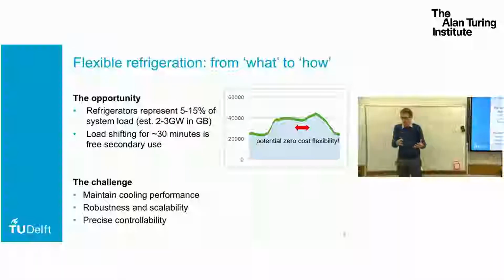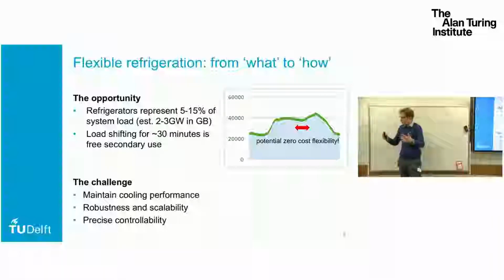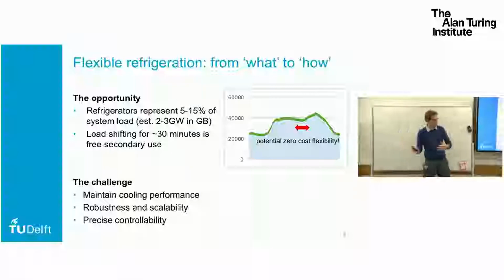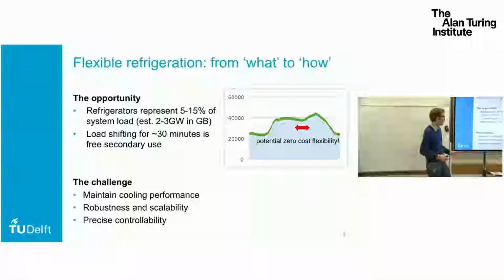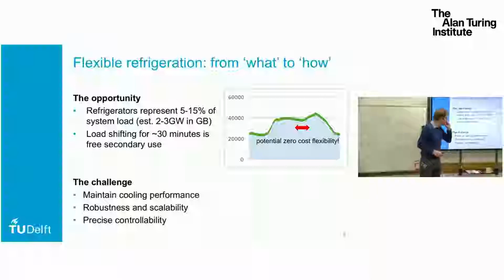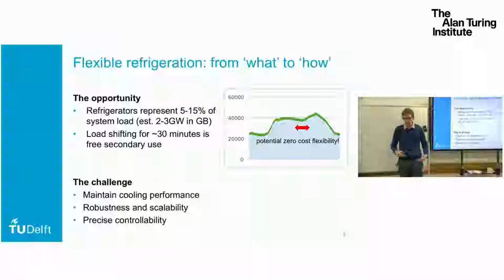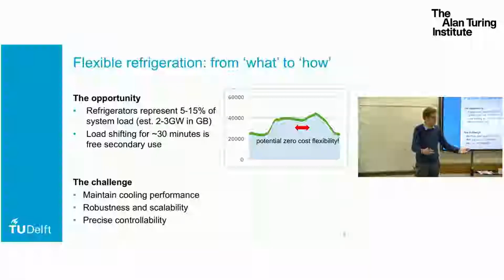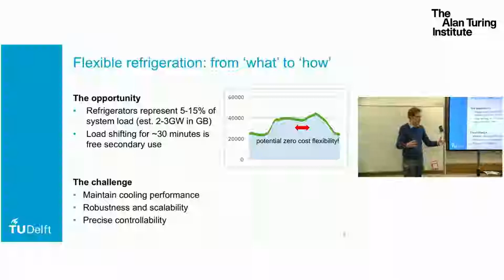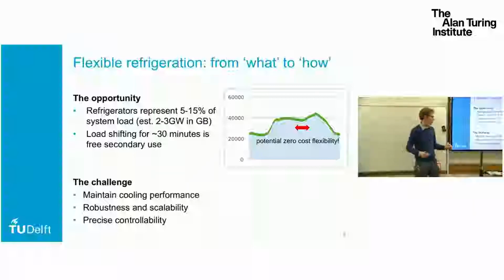You can rely on the fridges to tide you over for 10, 15 minutes while you start up a new generator, etc. So that's there. And it's free in principle. It's a free secondary use as long as you don't interfere with the cooling. Of course, people might want to get paid, but that's a different issue. In principle, the fridge is on, it is there. If you can use it, why not?